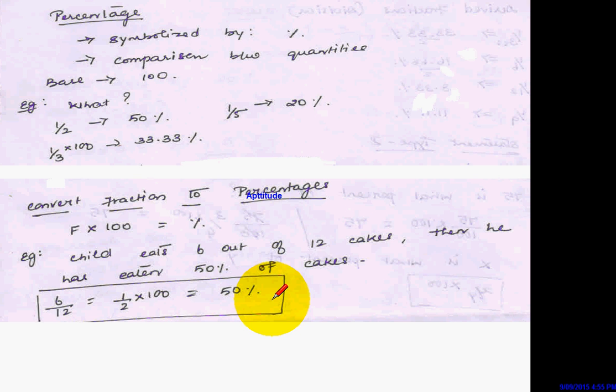That is the fraction part, and you need to give the rate as a percentage, so you have to multiply the fraction by 100. 6 by 12 into 100, cancel it, you get 1 by 2 into 100, which is equivalent to 50%. So whenever we need to convert a fraction to a percentage, we need to multiply the fraction by 100.